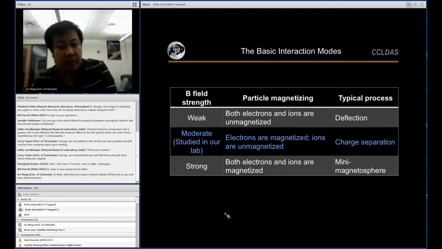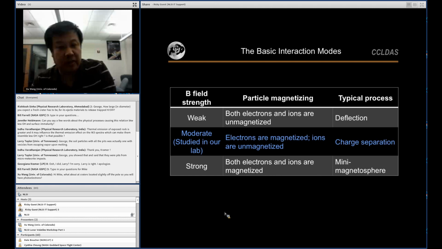So basically here I divided the interaction modes into three regions in terms of the magnetic field strength: weak, moderate, and strong. When the magnetic field is weak, both electrons and ions are unmagnetized, so you can expect a small deflection of the charged particles. When the B field is really strong, both electrons and ions are magnetized. The typical result is that a mini-magnetosphere can form, which I talked about in the previous slide.